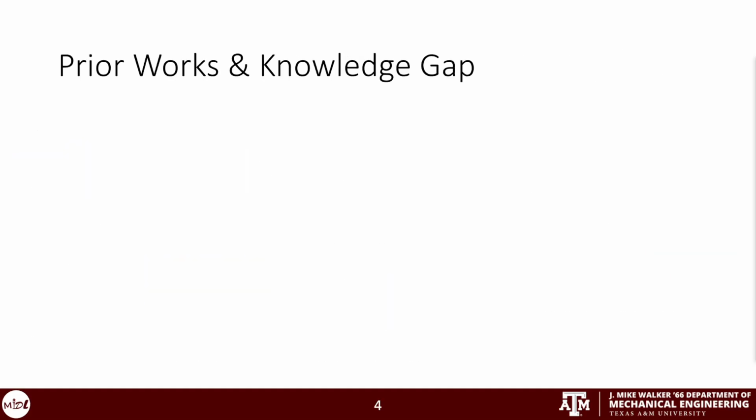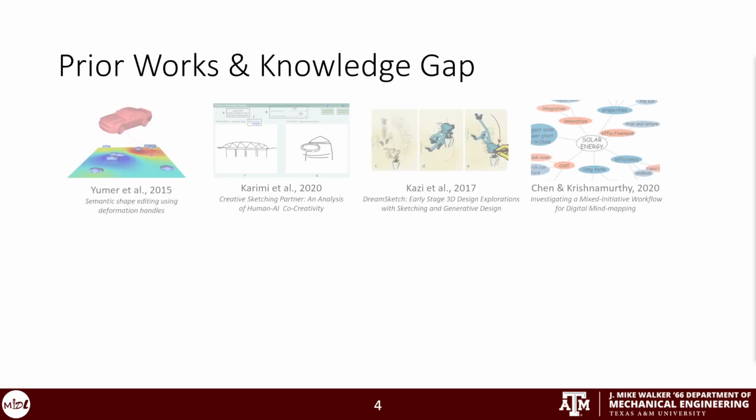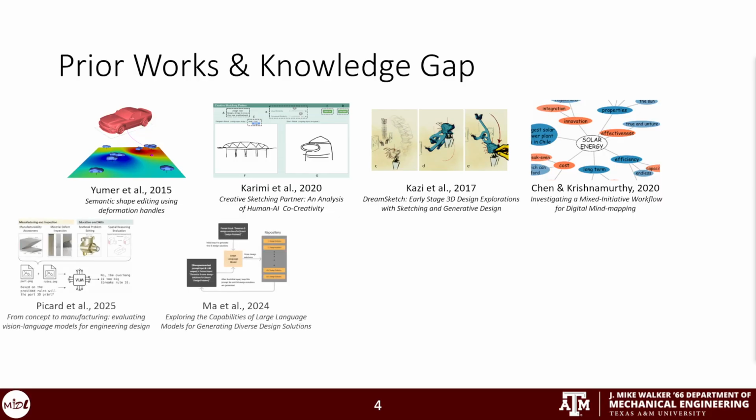Now, human AI collaboration has been studied quite a bit in the past, from analyzing sketch based tools to conversational mind mapping systems. But recent advances in large language models have transformed this field. There's a lot of recent research that integrates LLMs into various engineering tasks, from understanding complex systems to generating creative ideas.